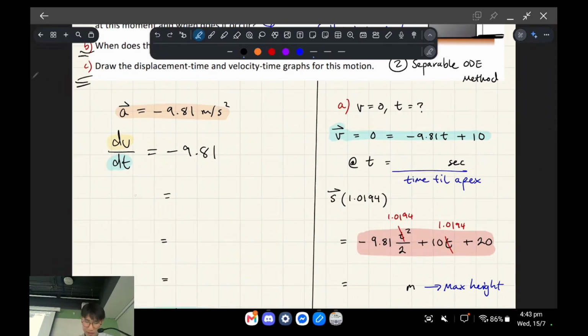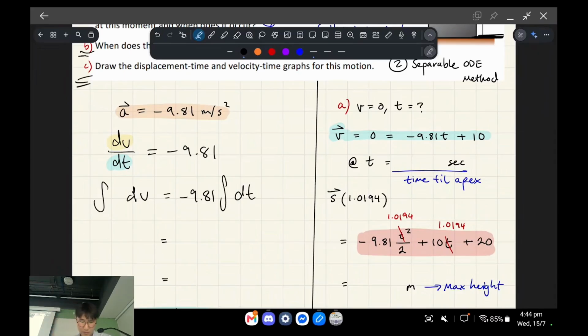So it'll be dv and then dt. And then we have to separate it and integrate it. So when I say integrate, we're doing this. Sorry, 9.81 is outside the integral because it's a constant, like so. And now for the integral bounds.